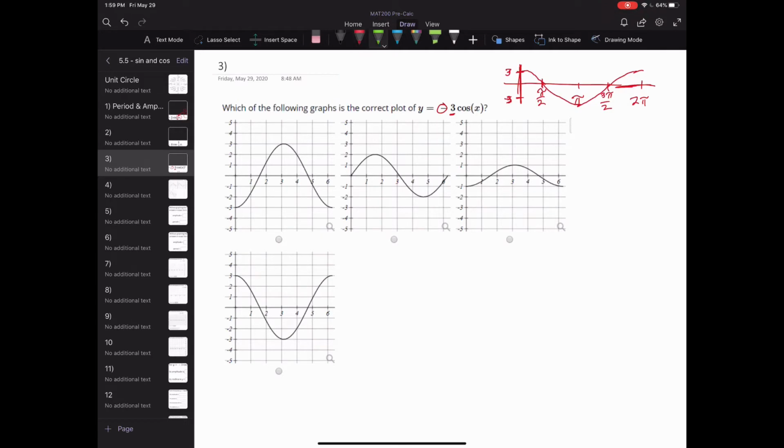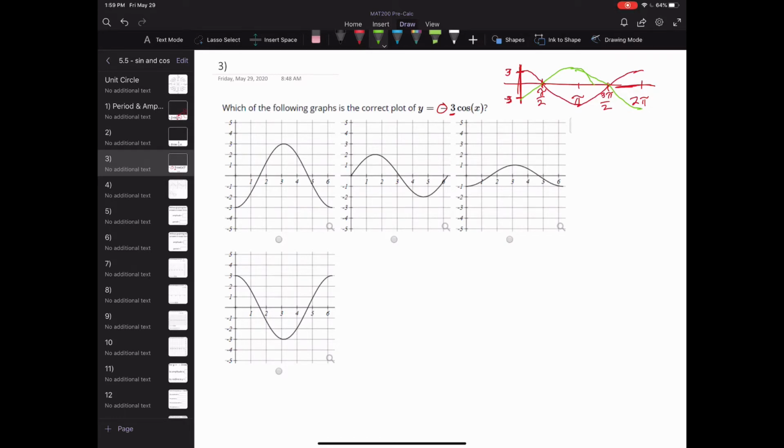So I'm going to do it in green. So it actually goes the other way now. Sorry, it still crosses at the same place there. Alright, so it actually looks like that. And yeah, that's actually the graph. So let's see which one does that.